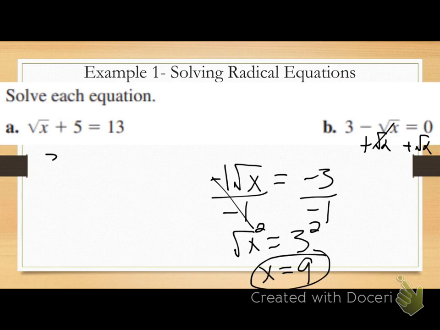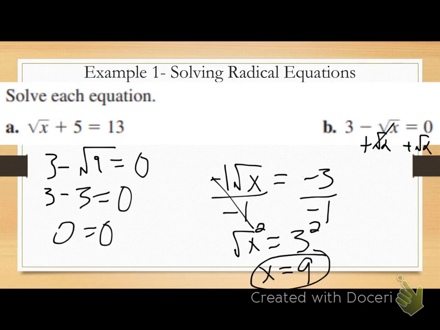Checking my answer. What's the square root of 9? What's 3 minus 3? Does 0 equal 0? Yes, it does. If they ask you to check your solution, check it. Questions on example 1? Not too bad?